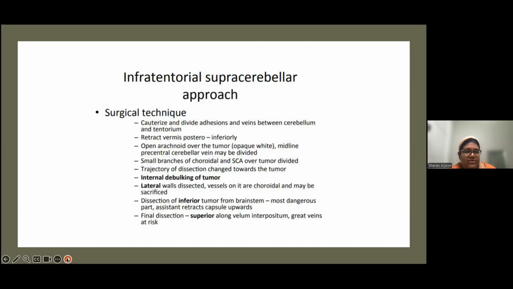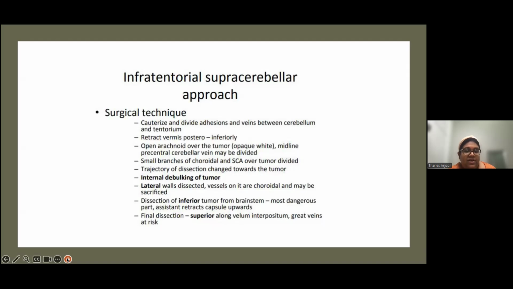Small branches of the choroidal and the SCA over the tumor are divided. The trajectory of the dissection is changed towards the tumor, and internal debulking of the tumor is done. The lateral walls are dissected; the vessels on it are the choroidal and may be sacrificed.